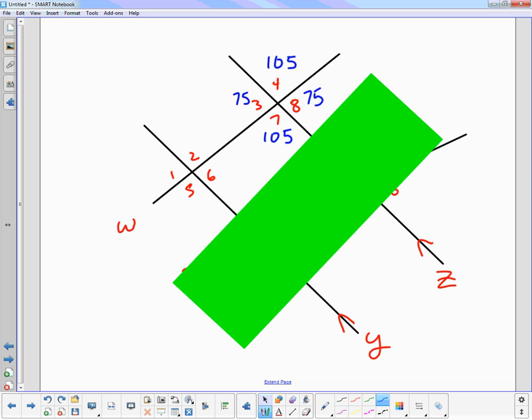Okay. In fact, I don't like the fact that they gave the other number to be 110, 105 either. Well, now, because they're parallel, all of these 4 equal all of these 4. And now you can answer all of those questions. Okay?